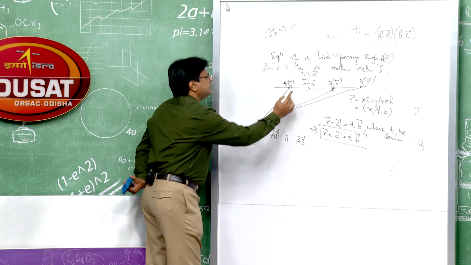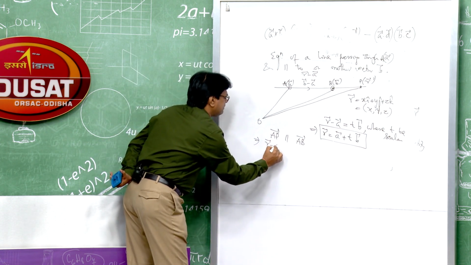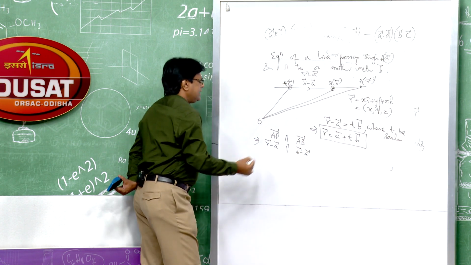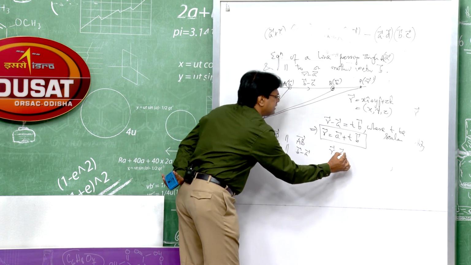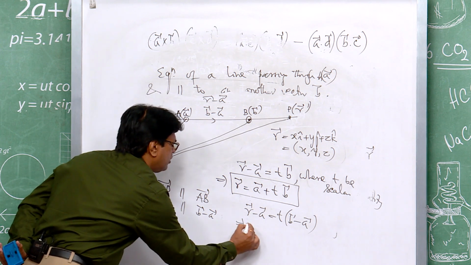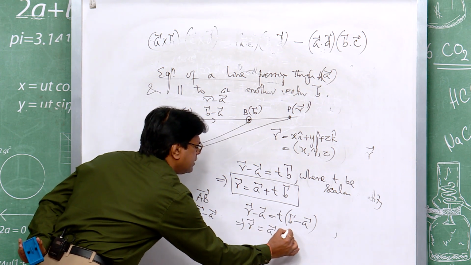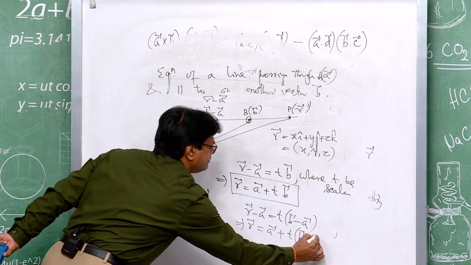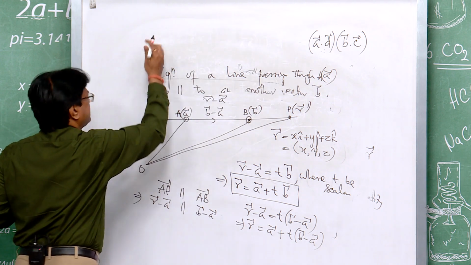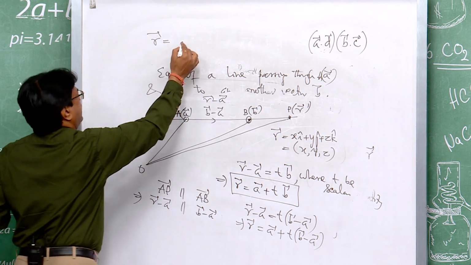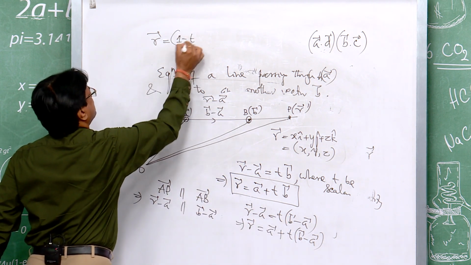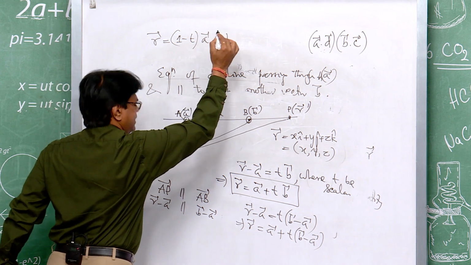So, AP vector, which is r minus A, is parallel to AB vector, which is B minus A. Then r minus A can be written as t into B minus A, or r vector is equal to A plus t into B minus A, or r vector is equal to (1 minus t) into A vector plus tB vector.